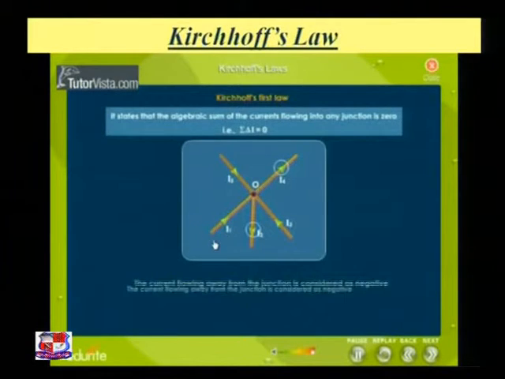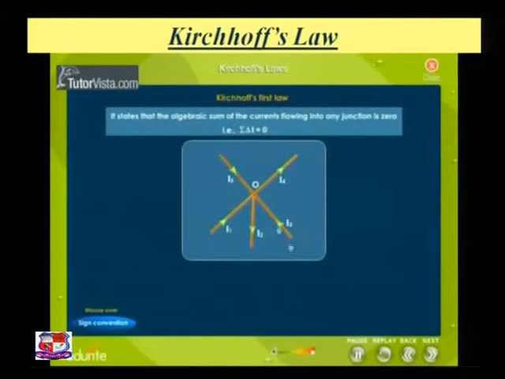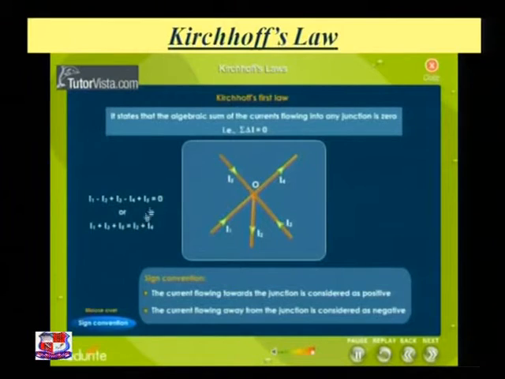So we can write I1 plus I3 plus I5 equals I2 plus I4, or we can also write I1 minus I2 plus I3 minus I4 plus I5 equals 0. Both ways the answer is true.